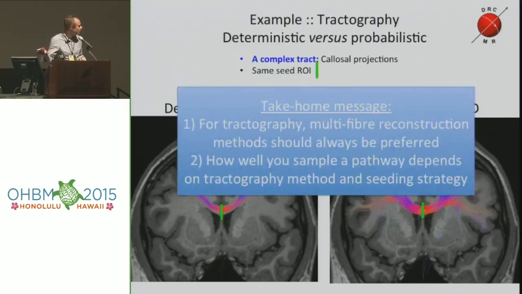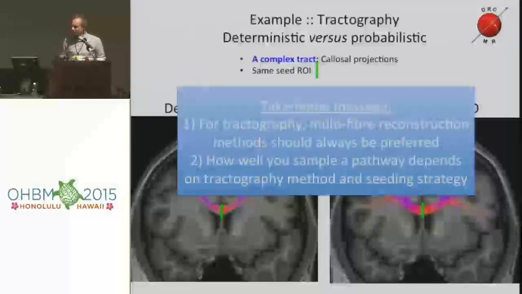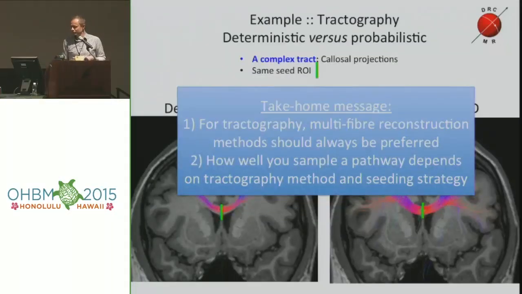So one could say the take-home message is that for tractography, multi-fiber reconstruction methods should always be preferred. And how well you sample your pathways also depends on the method you're using and your seeding strategies.